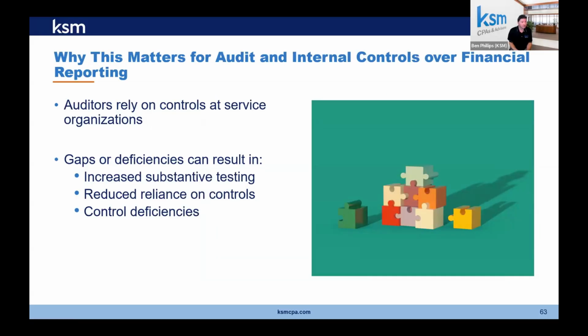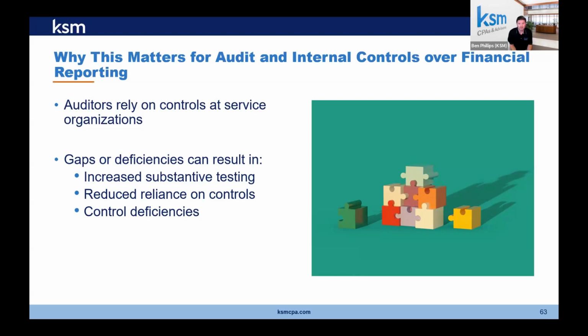So why this matters for an audit and internal controls over financial reporting. This is where vendor risk management directly intersects with this. Auditors frequently rely on controls operating in service organizations, but they can only rely on those controls if a SOC report is relevant, the controls are appropriate, and management has performed adequate oversight.